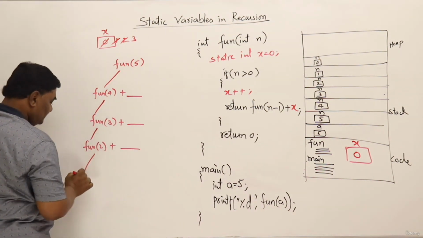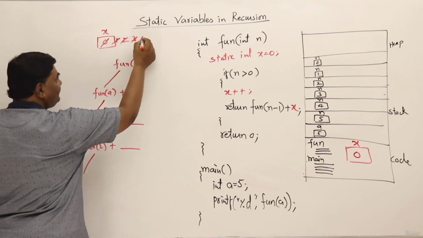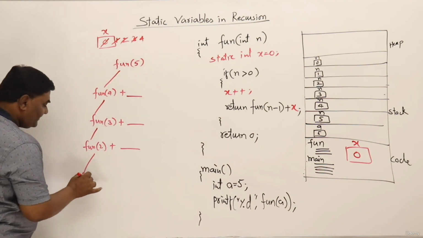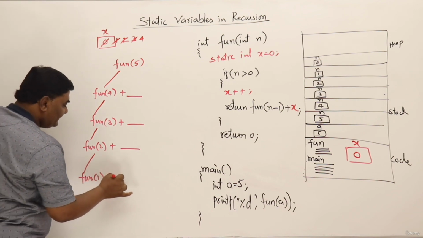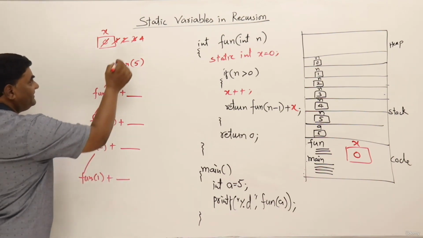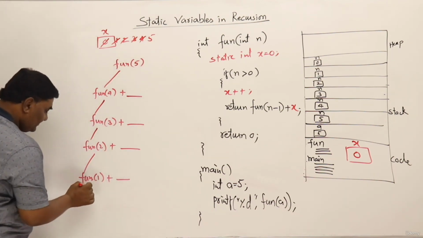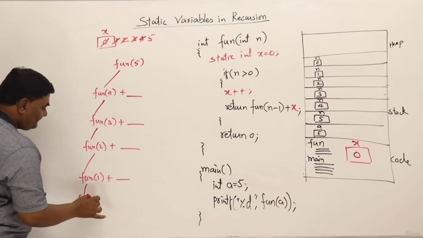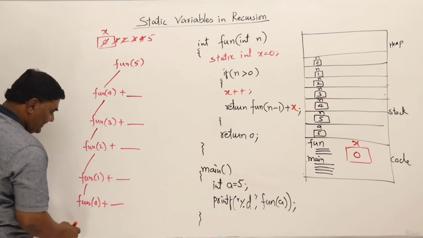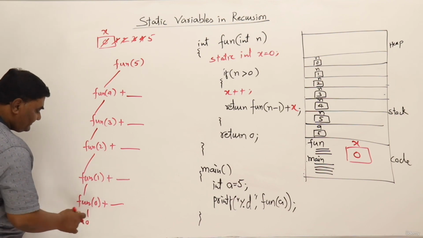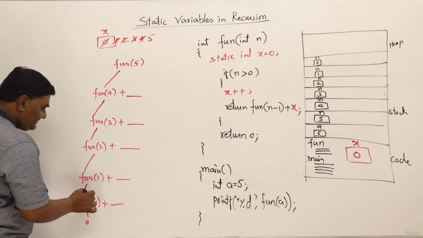Then for this call, x becomes 4, and call for 1 plus x should be added. Now for this call, x becomes 5, and call for 0 plus x should be added. Call for 0 returns 0, so the result of this function is 0.